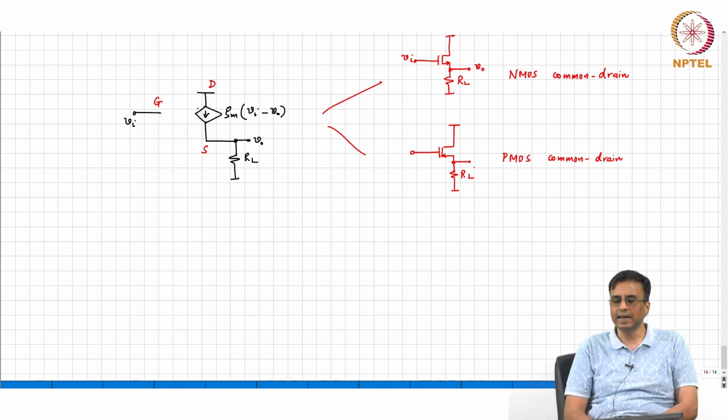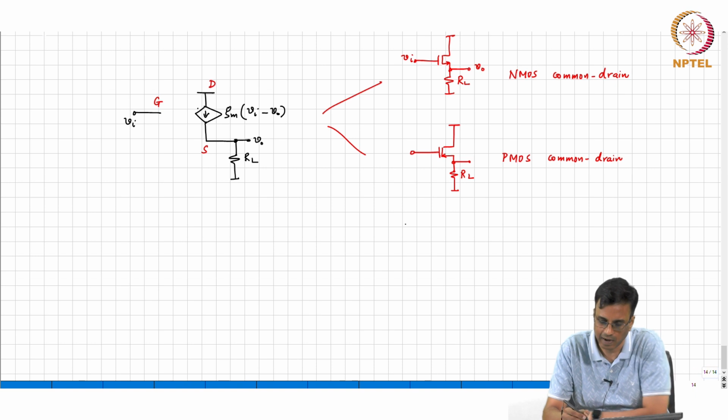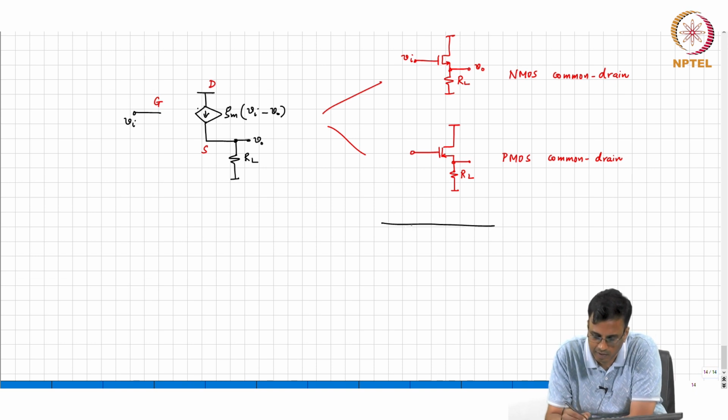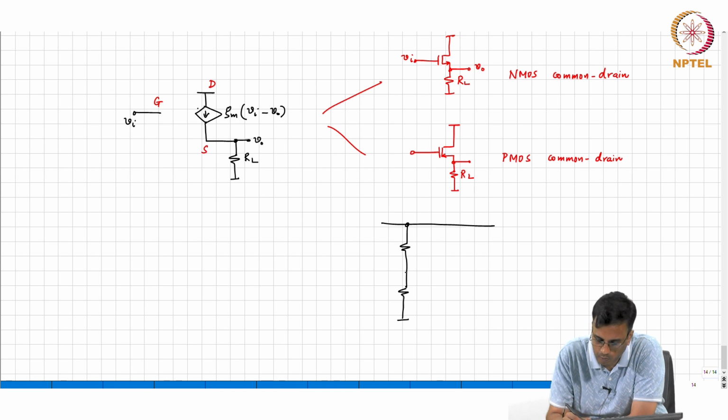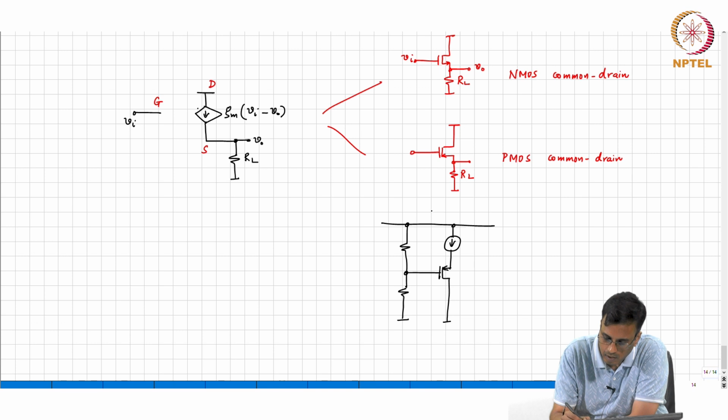So, the only detail that changes is how you bias the transistor, right. For example, in this case, again I am not going to cover this for this circuit. So, here is one way, we have already seen how to bias the PMOS transistor. So, for example, this is VDD, this is R1, this is R2.